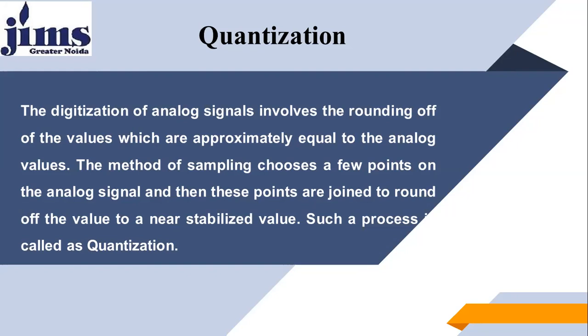So once you have samples that represent certain voltage levels, these voltage levels should be approximated, should be quantized. So this whole process is called quantization. Quantization is nothing but approximating all voltage levels of the samples that you take from some modulating signal, right?